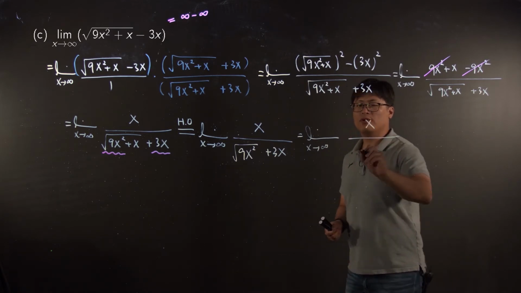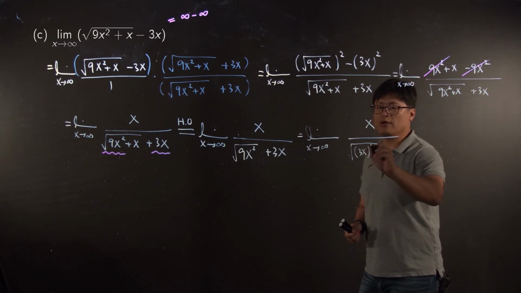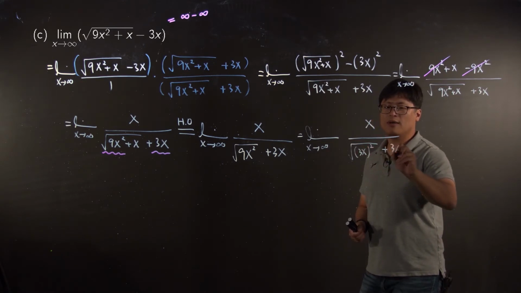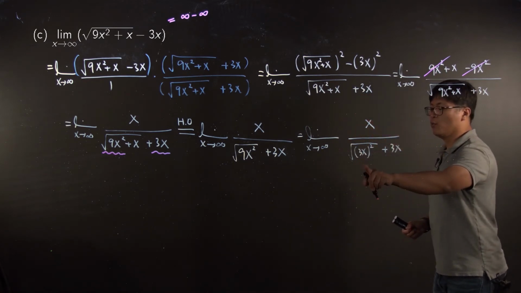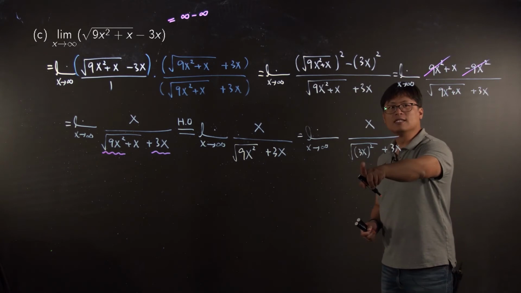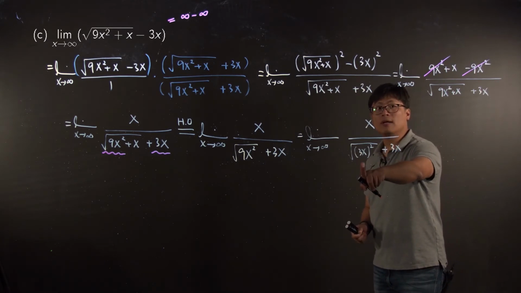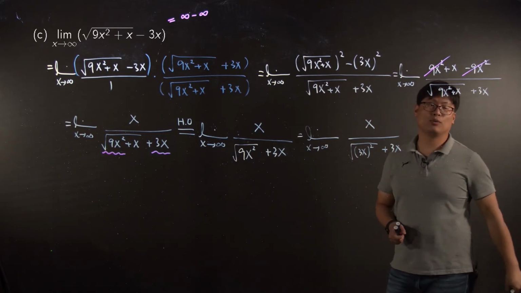x over square root of 3x squared, because 9 is 3 squared, then we can combine as one perfect square, right? But wait a minute, do you remember this one? Square root of 3x squared, is it 3x? My answer is no. It is important.